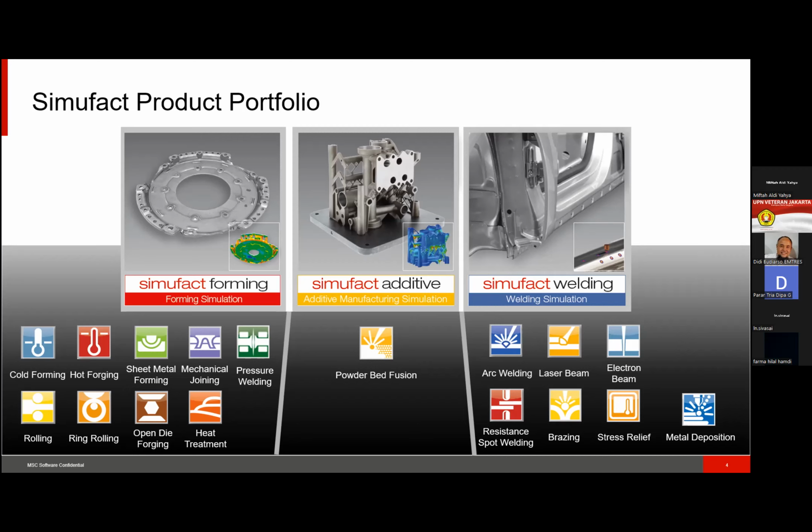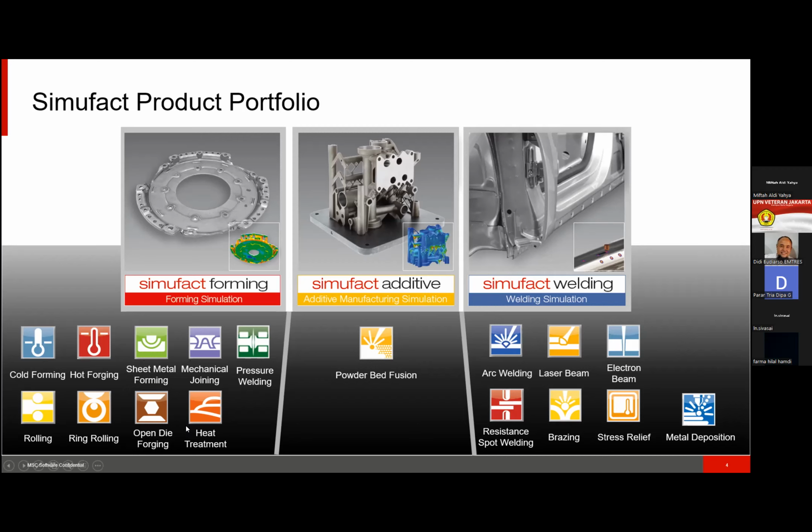Sure. Okay. So in SIMUFACT forming, you have different modules: cold forming, hot forging, sheet metal and mechanical joining, pressure welding process, rolling and ring rolling process, and open die forging and heat treatment also.